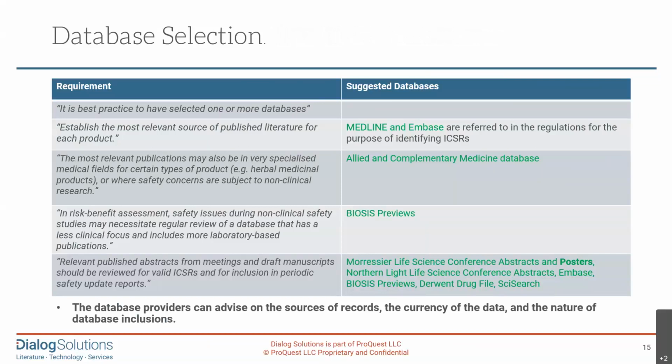So we know what our objectives are. We know why we're doing the search. We've looked at the regulations, and we need to now begin at the beginning and choose which database we're going to select.